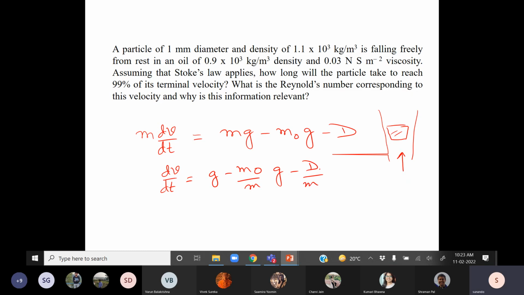Now, therefore, this dv/dt would simply be this expression, and this is the drag force. I would rather write drag over here, and the expression for the drag force is known to us. D is the diameter, V is the velocity. We know the mass of the particle as well, and we also know what m naught is in this case.